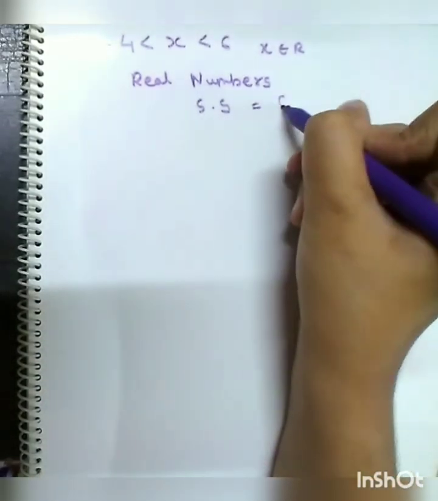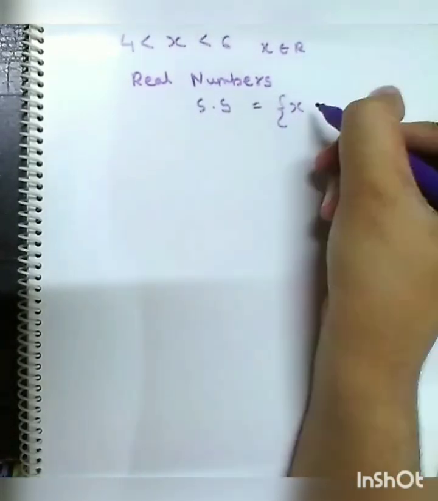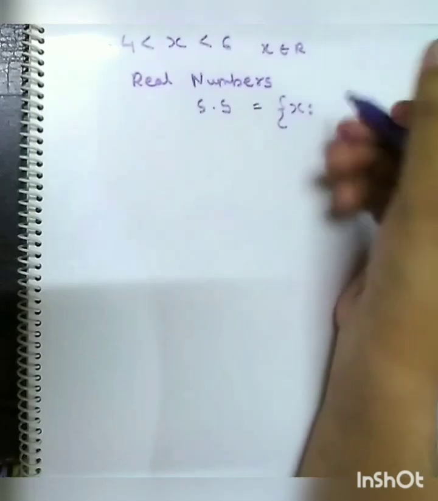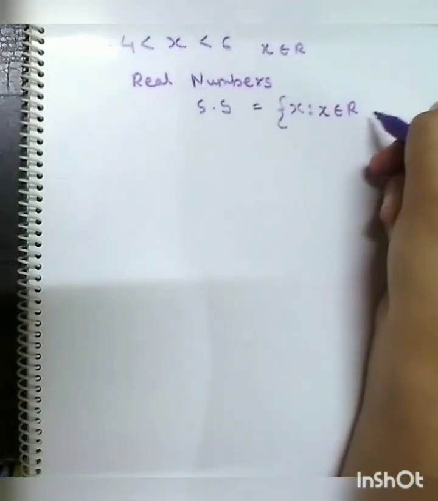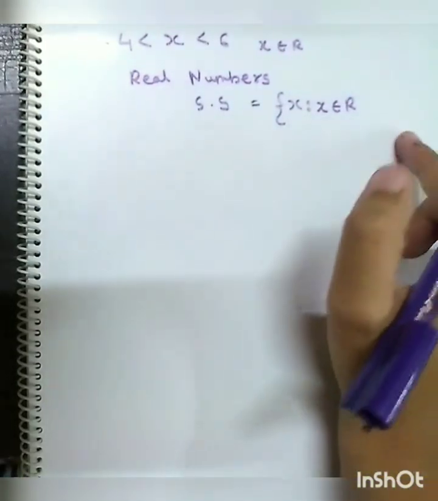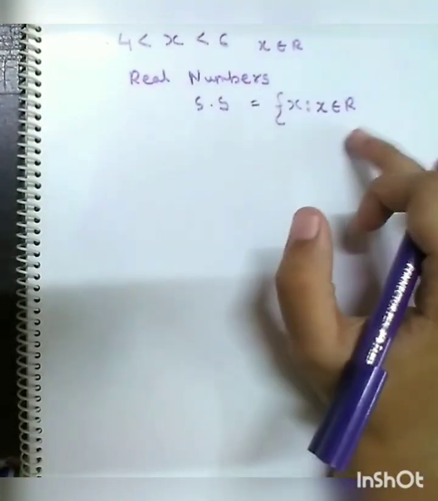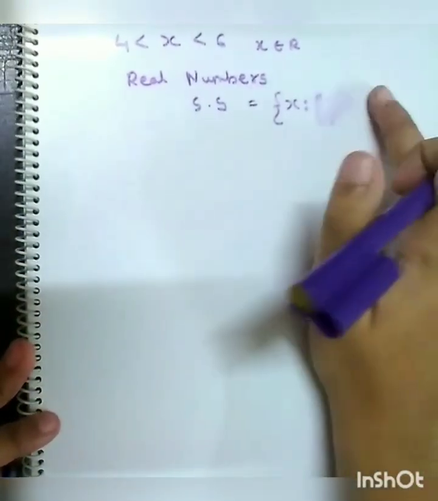The solution set would be x, then you have to write these two dots, then x belongs to real numbers, and this you can write in front also, and this you can write at the end also. In the textbook it is written like this, but I prefer writing it at the end.